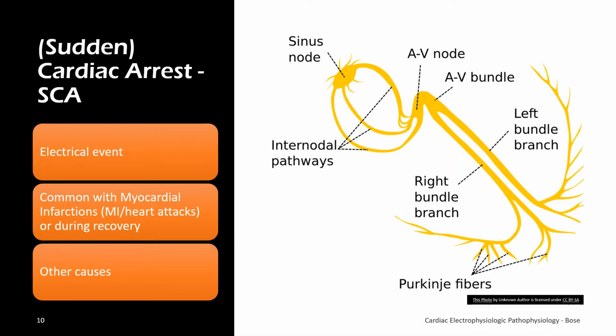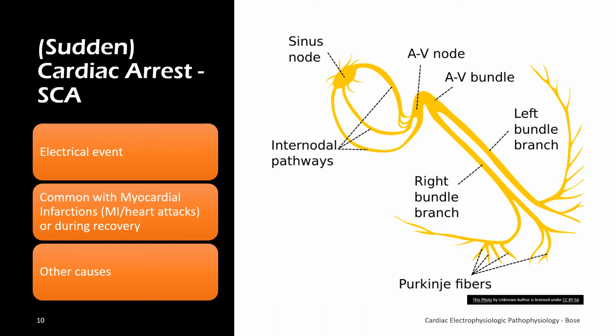To recapitulate, a sudden cardiac arrest is due to malfunction of the electrical pathways in the heart and not an ischemic event. However, it may be triggered by an ischemic event to the underlying myocardium.